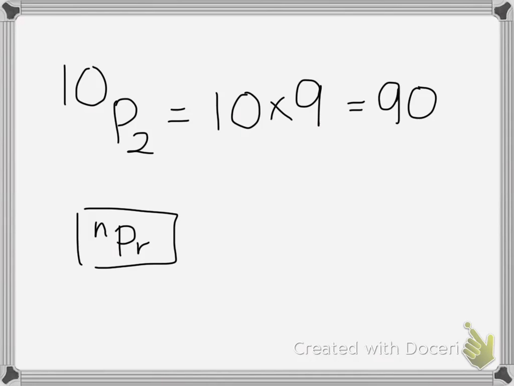So that's how you key this in. Of course, the number on the left we usually write on top, and I think the calculator writes it at the bottom. That's fine, they're on the same side. So it's like 10p2.